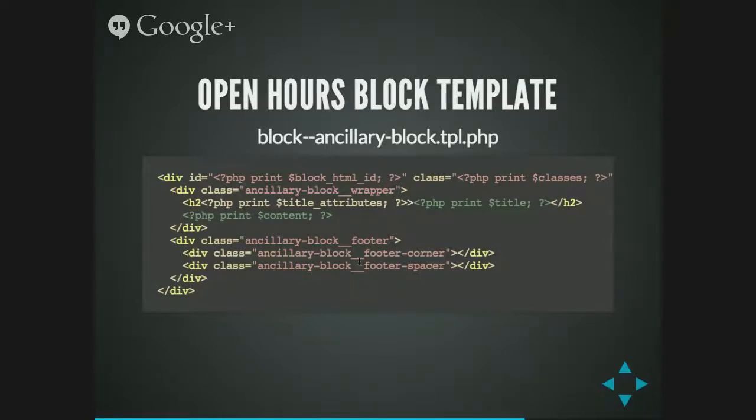This is totally just design stuff, which probably shouldn't be in markup, but I couldn't figure out how to do it without the markup, so that's why it's there. And notice that even though footer corner and footer spacer are under footer, they're still at the same level. You want to not create sub hierarchies, because then you could potentially move things. In this case you wouldn't move it around, but in other cases you would be able to, and it doesn't care what the hierarchy is.